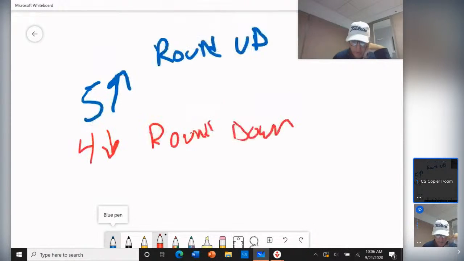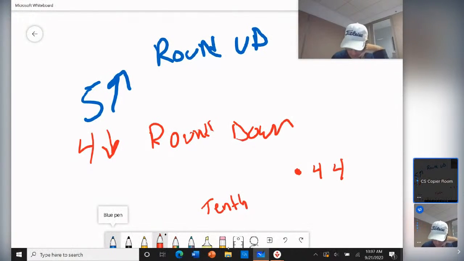So same thing, 5 or greater, you round up, 4, you round down. So if we have 0.44, and I'm asking you to round to the nearest tenth. Now remember place value here.